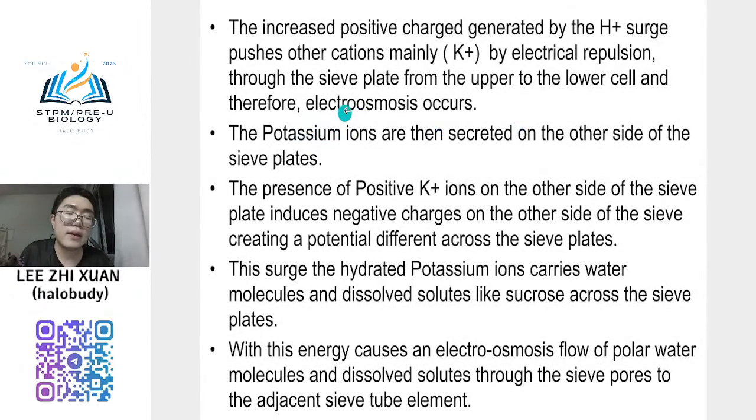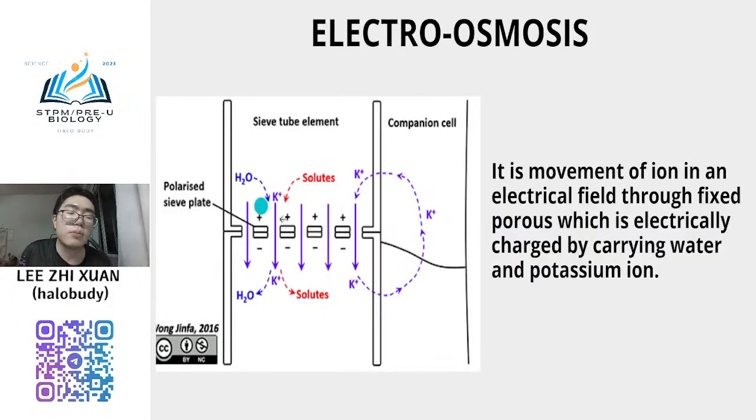See here. So when there is electric charge, electro-osmosis will occur. How does it occur? The positive ion on one side of the sieve plate will induce a negative charge on the other side of the sieve plate, creating a potential difference across the sieve plate, so the potassium ion will start to diffuse out, because it needs to induce the charge at the lower part of the sieve plate.